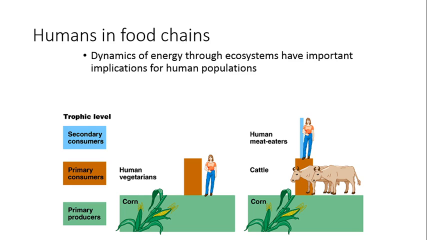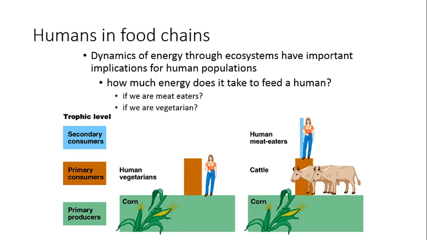Humans, and where they are in the food chain. As you can see, the food chain is nothing but at which level we are, which we need to understand. The dynamics of energy through the ecosystem has important implications for the human population. So how much energy does it take to feed a human?